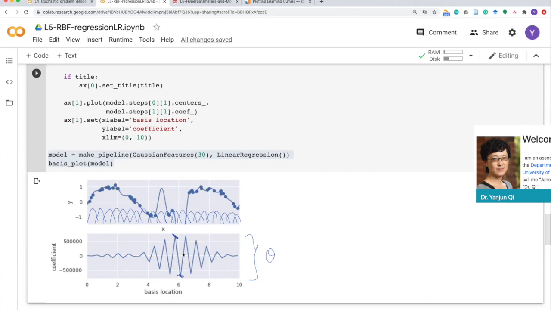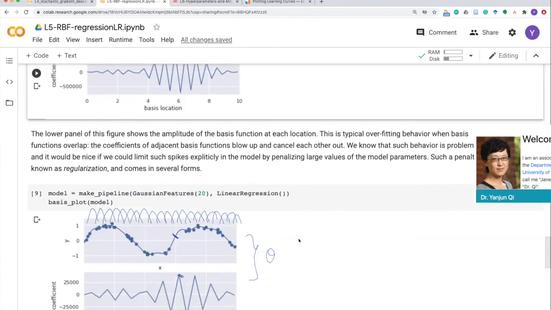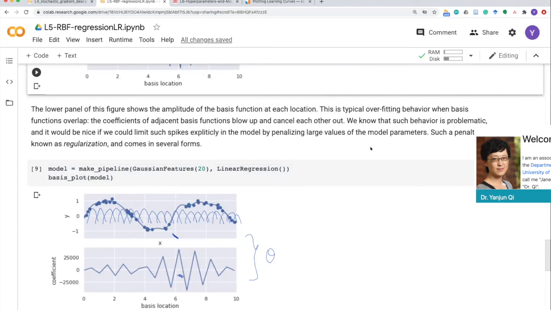And this means what? It just means the model is too flexible. The model doesn't know how to behave, so the two really large positive and negative weights kind of cancel out each other. All right, let me clean this up.